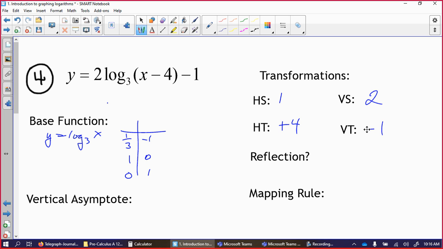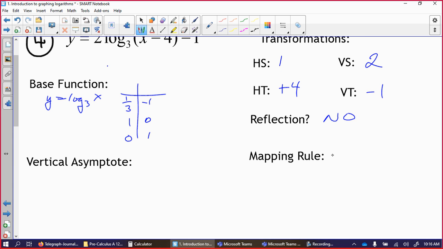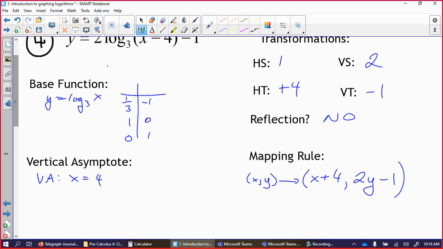Vertical translation is negative 1. We have no reflection. So our mapping rule, xy goes to x plus 4 and to y minus 1. So our vertical asymptote now is at x equals 4.